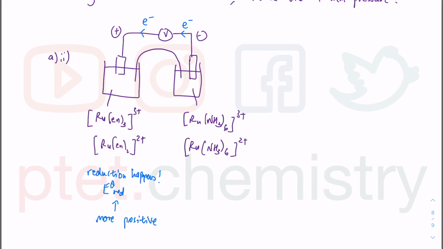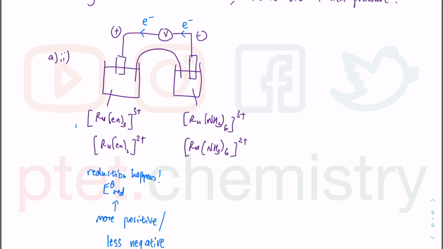So this goes from right to left. So this has more positive E naught. In the table that you're supposed to fill in for part 2, you're given it in terms of negative values. So instead of thinking about more positive, I can think about it as less negative. So more positive means less negative.